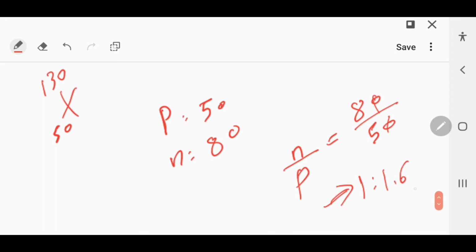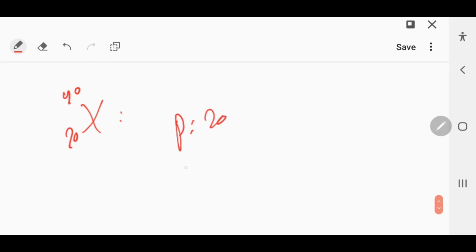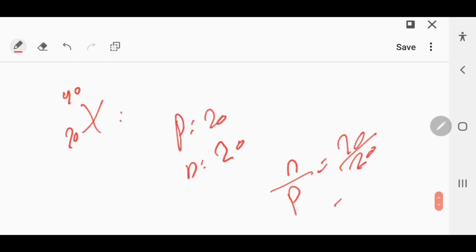So that means that here we have an unstable atom. Third example, for example, 20, 40. That means that protons are 20 and neutrons are 20. So neutrons over protons equals 20 over 20. So the ratio is 1 to 1, which means a stable atom.